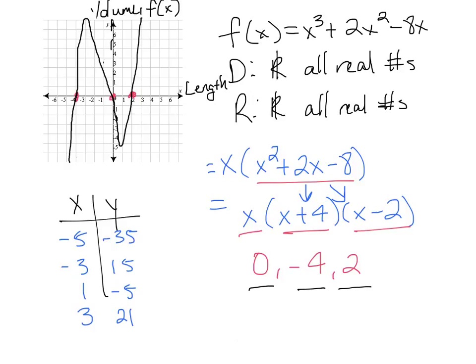And so the significance I would reply back would be these are the points where the volume is 0. Therefore, the size of the box does not have any sort of existence at this point.